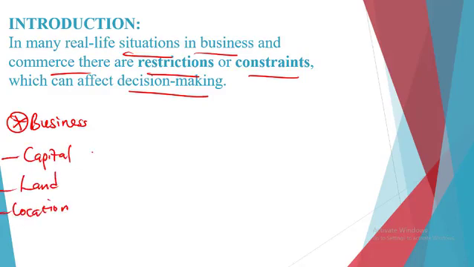Looking at these things that can restrain him from starting a business, how can we draw a graph representing these limitations or constraints? How can we present that in a graph?